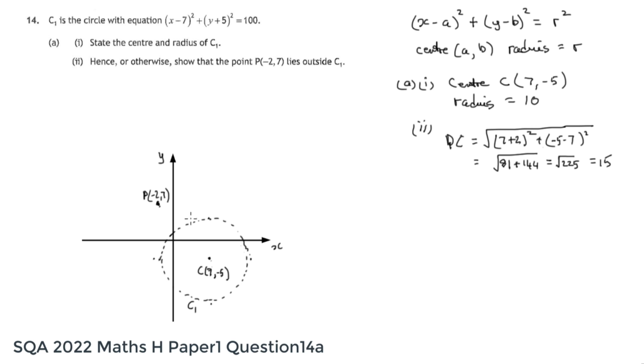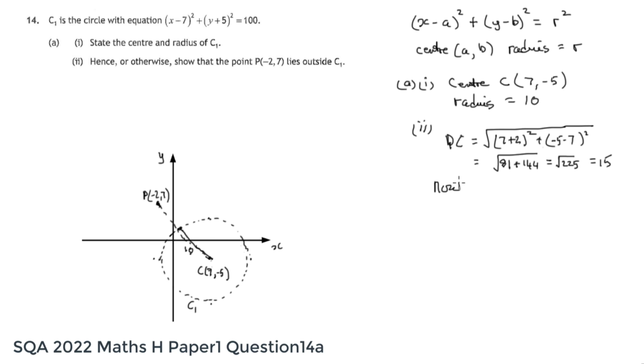Now, what is the radius of this circle? We found out it was 10. So certainly, if we join up these 2 points, then there's a radius, which is 10, and therefore P has to lie outside the circle because the distance between P and the centre is greater than 10.